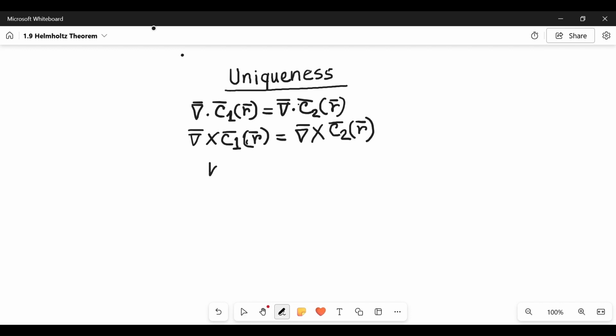Now define another vector W equal to C2 minus C1.